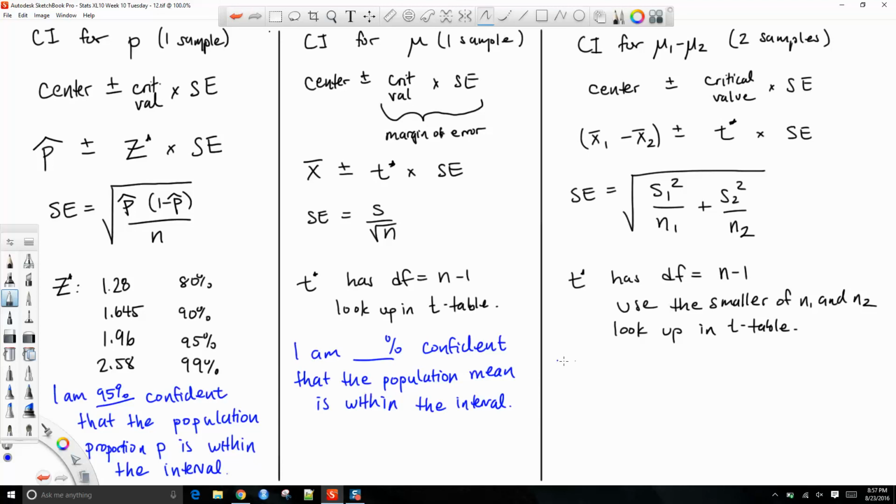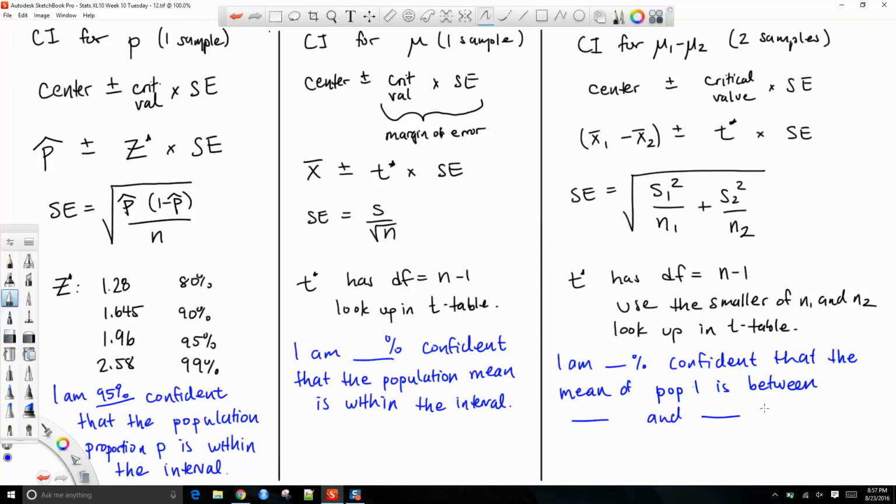And this last one we would say I am blank percent confident that the mean of population 1 is between blank and blank, more or less than the mean of population 2.